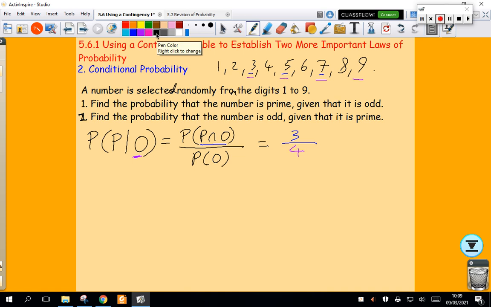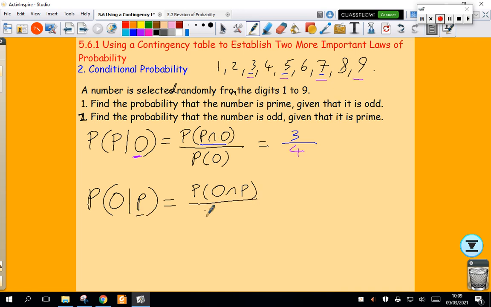Find the probability that it is odd, given that it's prime. Again, that's going to be the same thing on the top. Probability of it being odd and prime, which is the same as prime and odd. All divided by, but this time the condition is that it is a prime. So the probability of it being odd and prime, well, that's still 3 on the top.